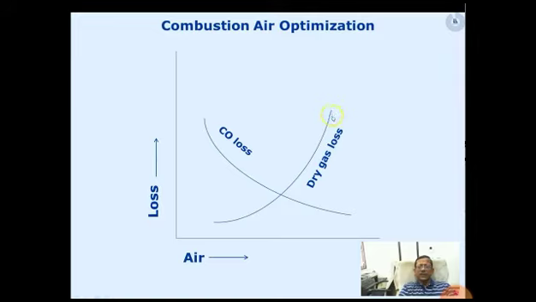Therefore, I cannot have zero CO, I should have some amount of CO in the flue gas, right? That means we need to select an air zone in this area, which we should call the optimum zone. And once we have selected it, whatever the O2 measurement at this point will be the desired O2 for us, right? So this is how the combustion optimization would be done.